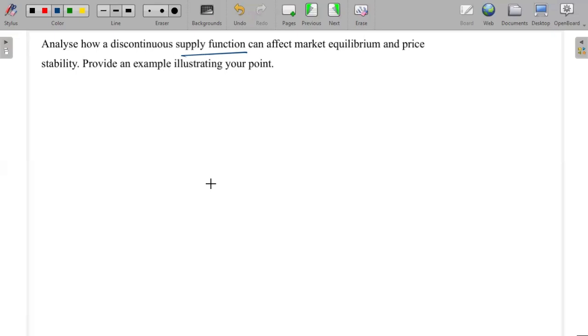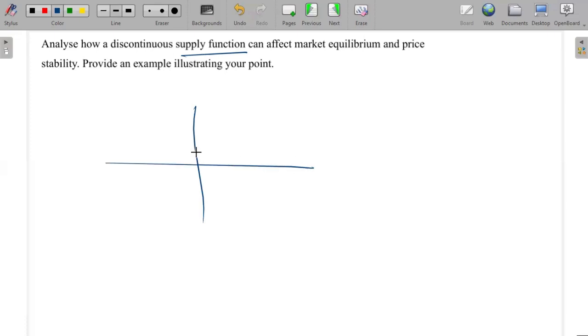Like from here, it's showing you that the price was maybe at 500 kwacha, and then it just jumps to 2,000 kwacha. So that is the point when it's discontinuous.